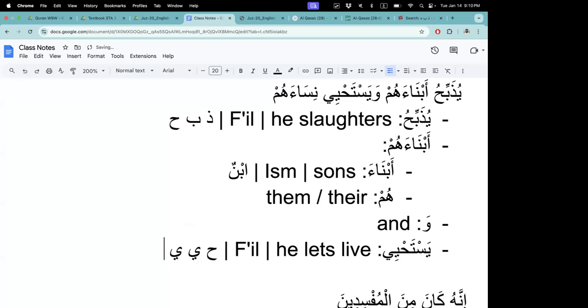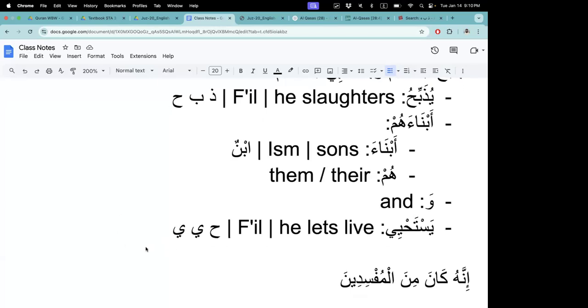From that, you get the word hayy, the name of Allah, al-hayy, the ever-living. Yes, hayyun, someone who is alive. Excellent, right? Hayatun, life. Yes, all these beautiful words that you may have heard come from this root. The core meaning is that yastahi, he lets them live, meaning he doesn't kill them.